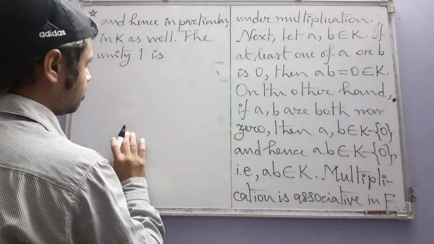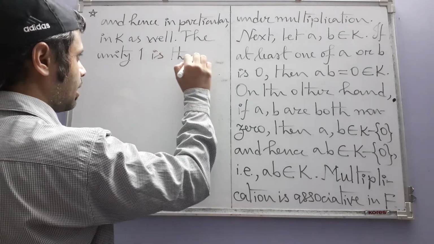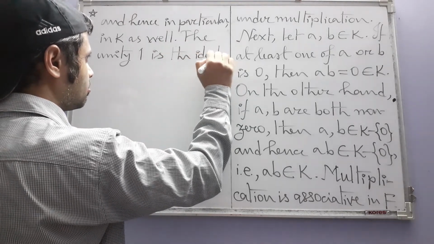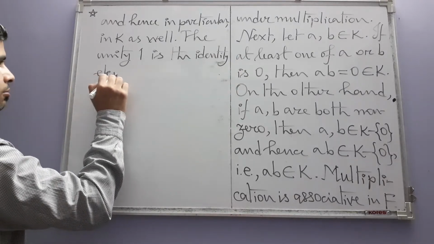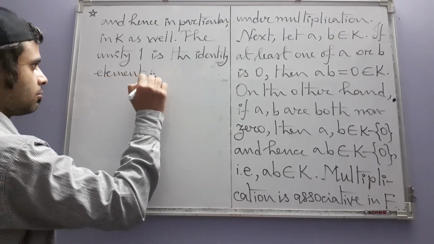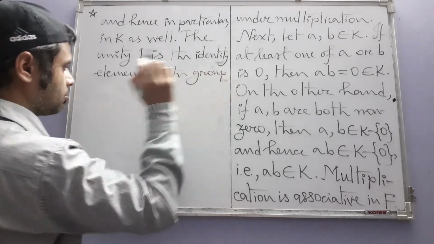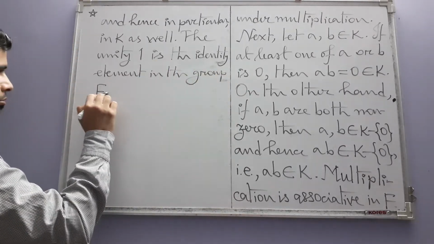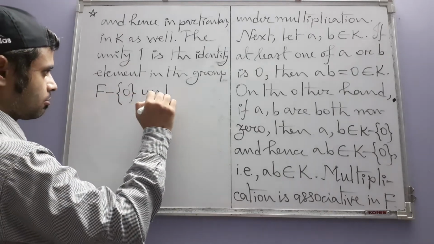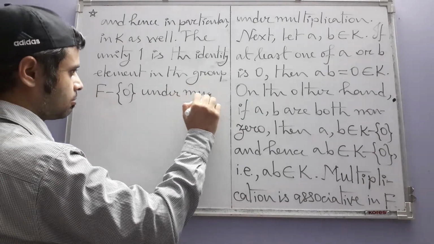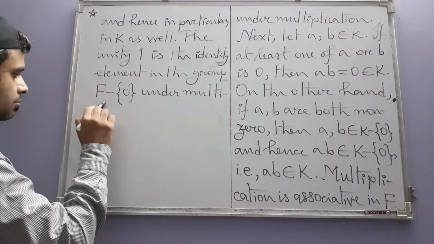The unity 1 is the identity element in this group under multiplication.